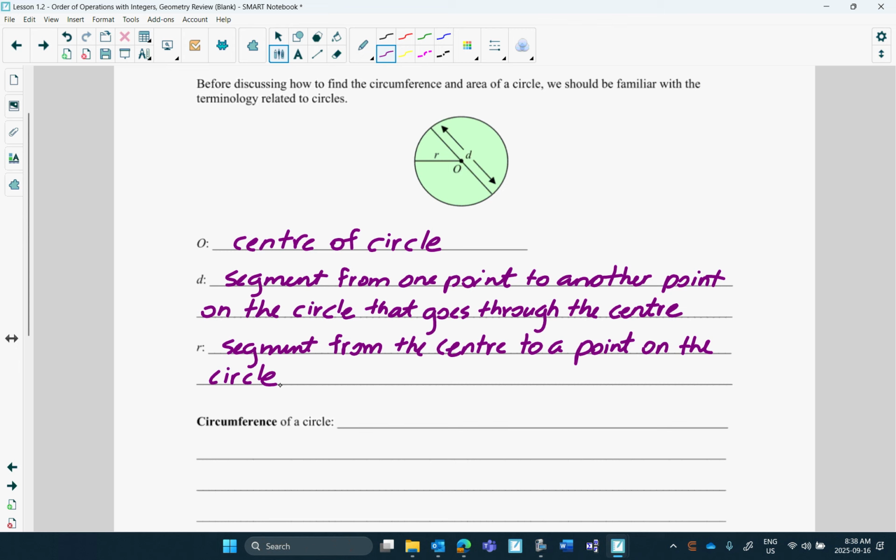How many radii, that's the plural of radius, are in a circle? Infinite, right? You can just keep drawing them and keep drawing them.